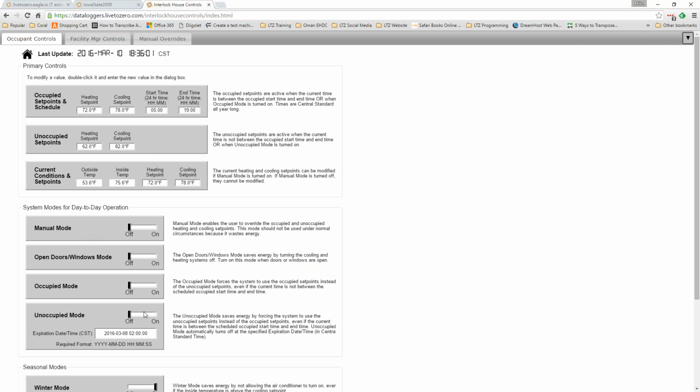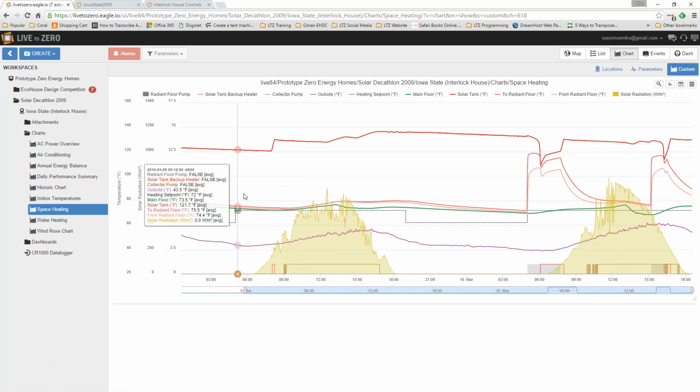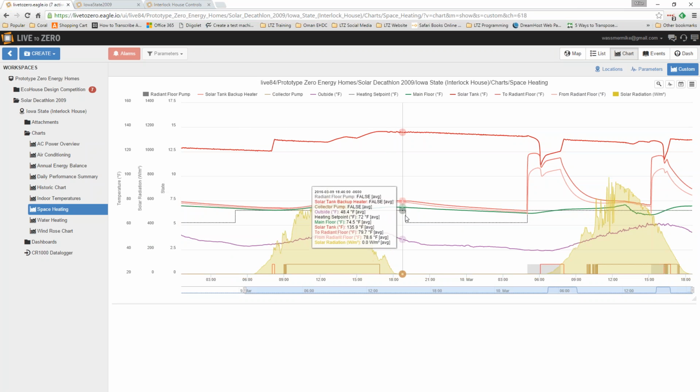But a few days ago, I turned off manual mode, which then allows the system to say, okay, we're okay with 62 degrees between 7 p.m. and 5 a.m., and between 5 a.m. and 7 p.m., we want to stay at 72. So that's why the dotted black line is going up and down here. You could see at 5 a.m., the set point goes up to 72, and then it drops down to 62 again at 7 p.m.